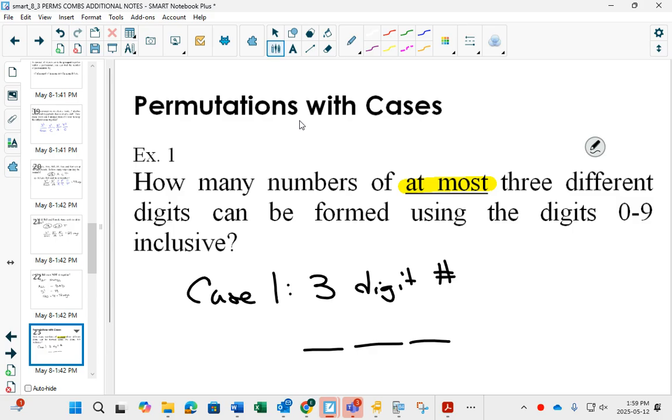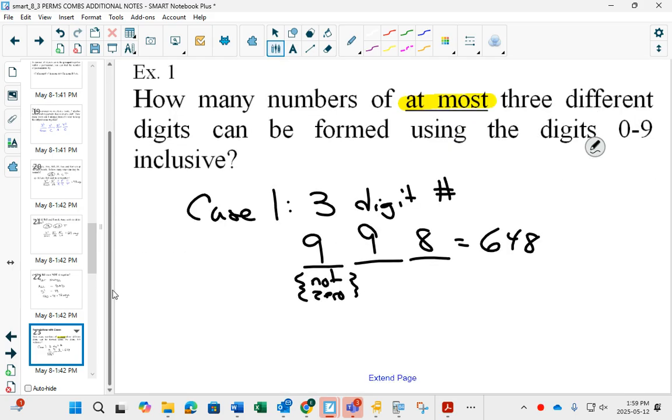It's a number question, so we have to be careful here because there is a restriction that your first one is not a 0, giving you 9 choices, then 9, then 8, which we counted earlier was 648.